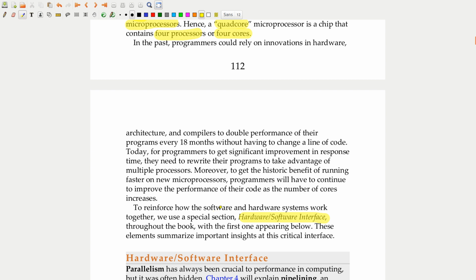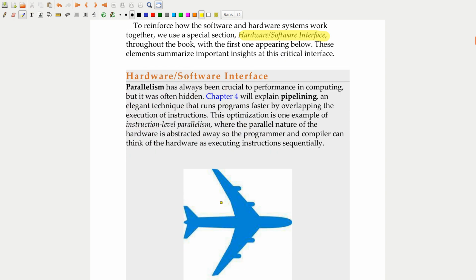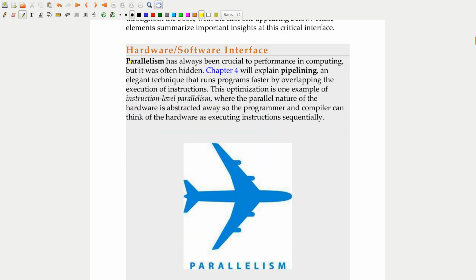Once you start dealing with multi-core, you have to deal with things like synchronization, and honestly, the hardest thing in computer architecture is synchronization. So the hardware-software interface. Now we're getting to this parallelism. We've got this jet engine example where we have 4 things doing the same thing at once. Pipelining, which we'll talk about later, is an example of instruction-level parallelism, where we can execute multiple instructions at the same time.